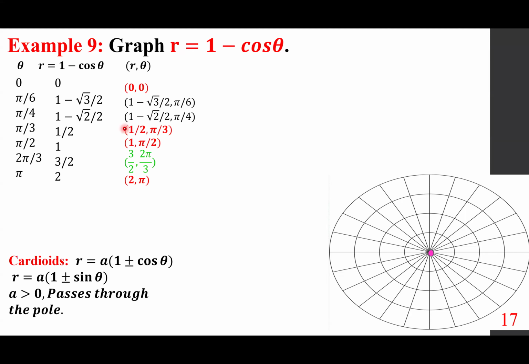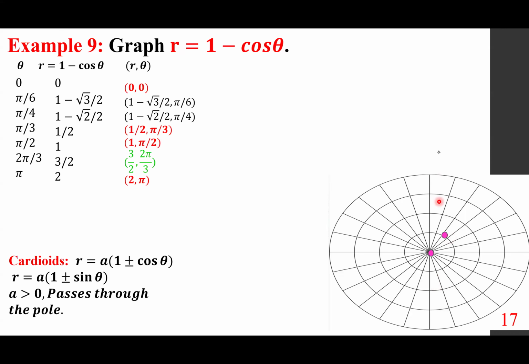1/2, pi over 3. So first, we have to figure out the pi over 3, and then go 1/2. So pi over 3, 1/2. We are assuming that each one is half. So this is 1, and this is 2, and so forth. 1, pi over 2.